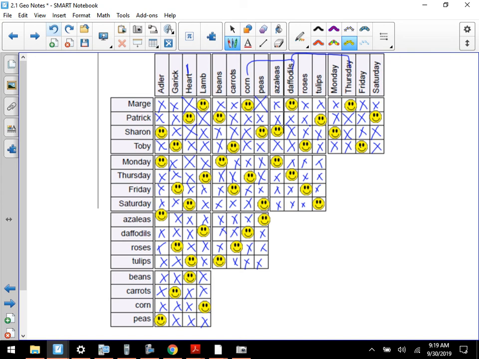So Patrick planting beans on Saturday. Patrick's planting beans on Saturday, yes. Okay, so what does that mean in that middle box right there? The bottom left would be a circle. Yes, Patrick is planting beans on Saturday.